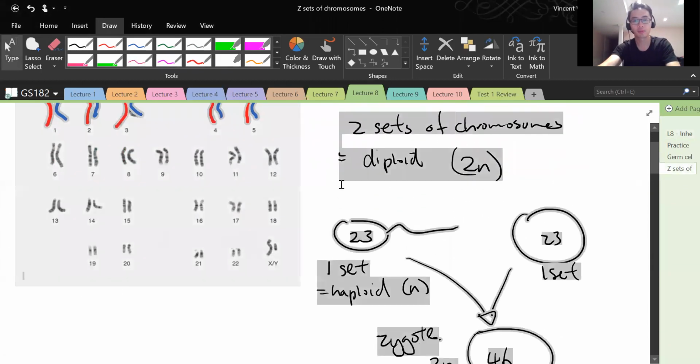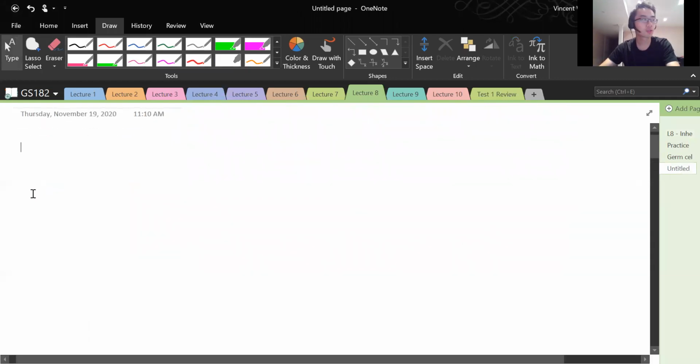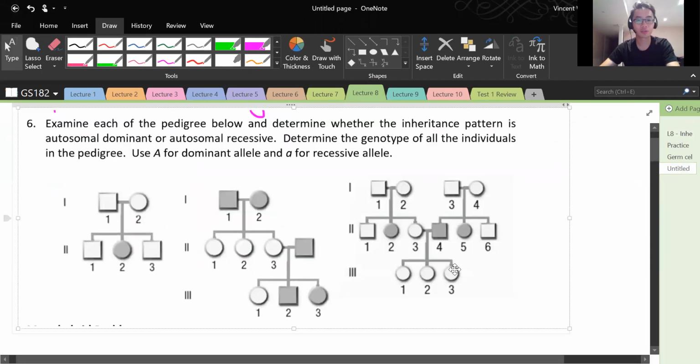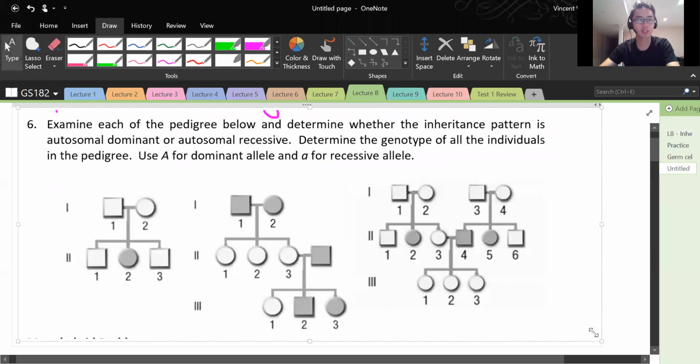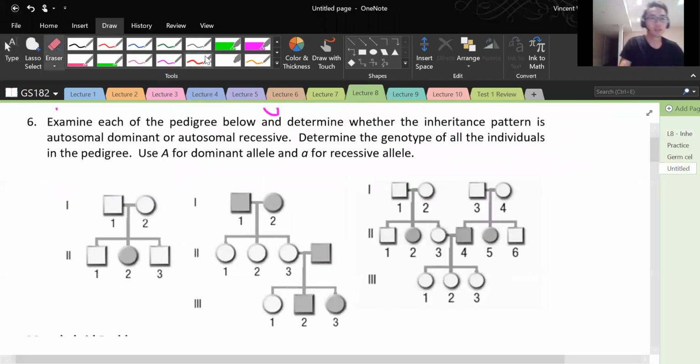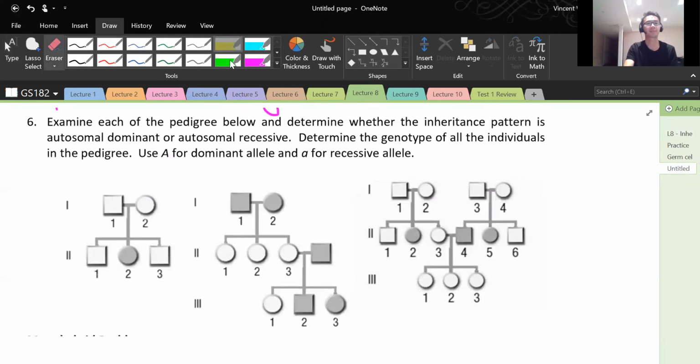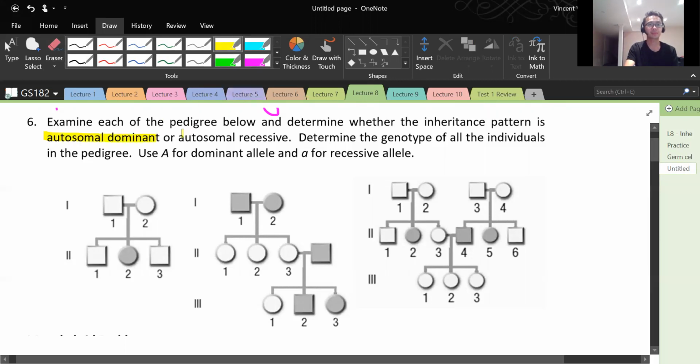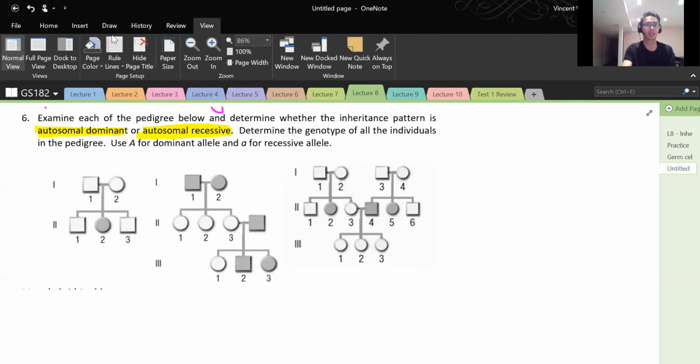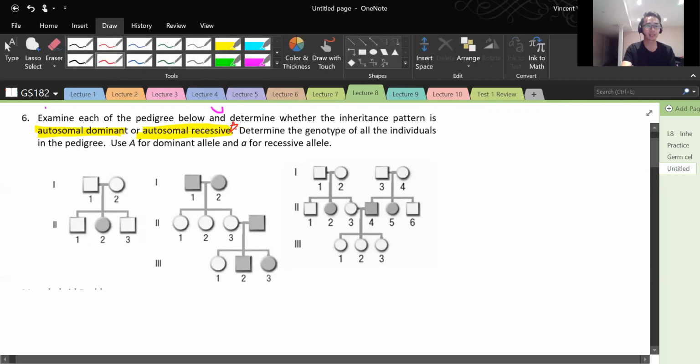Autosomal dominant versus autosomal recessive. Does everybody understand that? Okay, so right here, there is a quick way you can do this without thinking too much. And that is this. I'm going to put a star here.